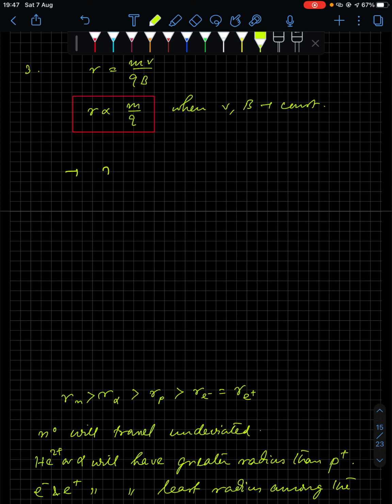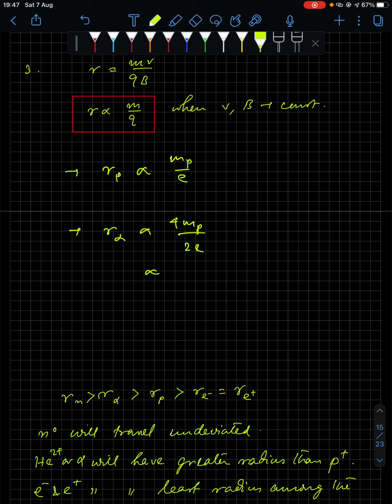So R is proportional to m by q, right? So for proton, Rp is proportional to mass of proton mp, charge is e, right? For alpha particle, R alpha is proportional to 4 times mp as the mass, and charge is twice e.